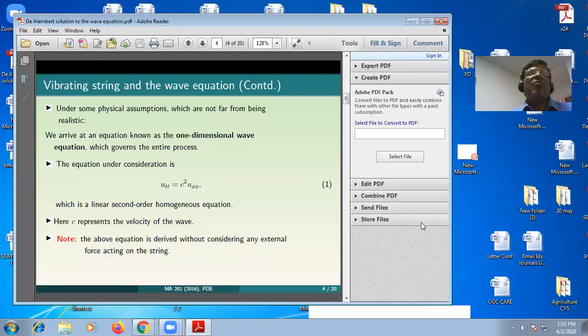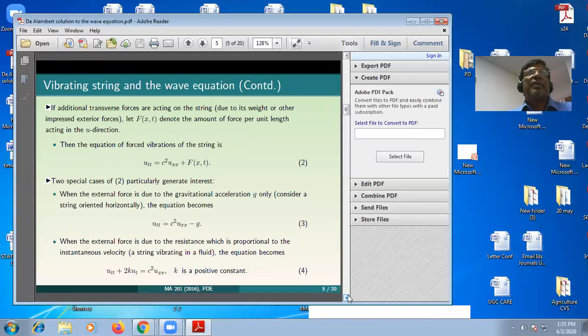It is important to note that the above equation is derived without considering any external force acting on the string. And the equation of forced vibration of the string is given by u_tt is equal to c square into u_xx plus f(x,t). Take it as equation 2.